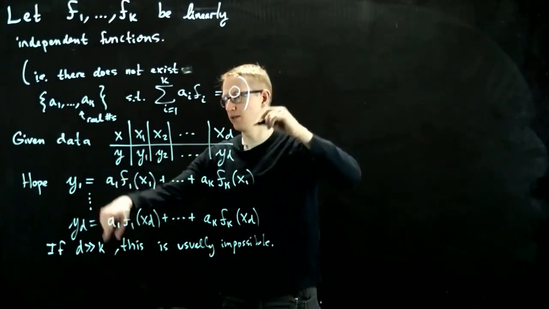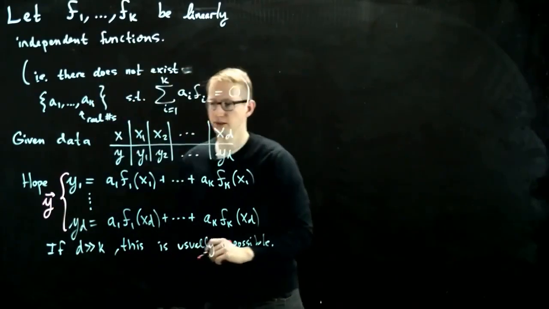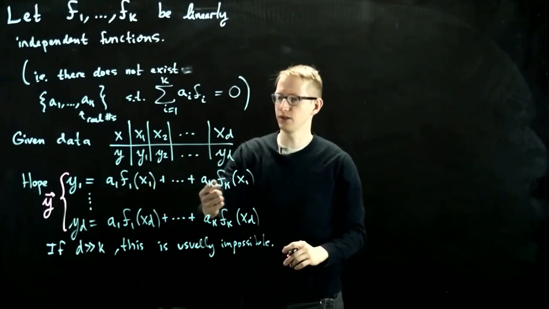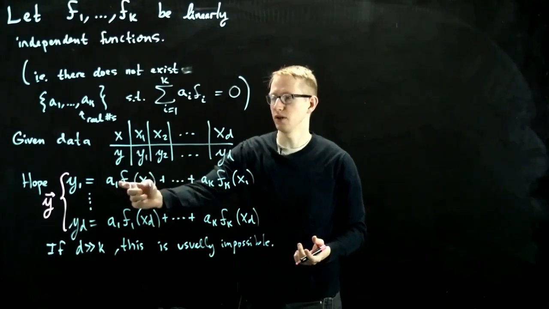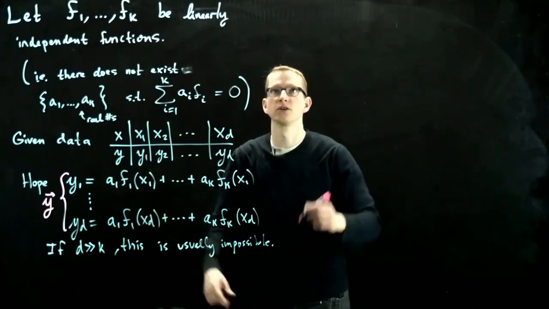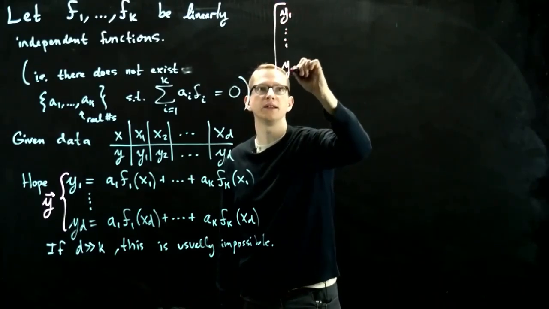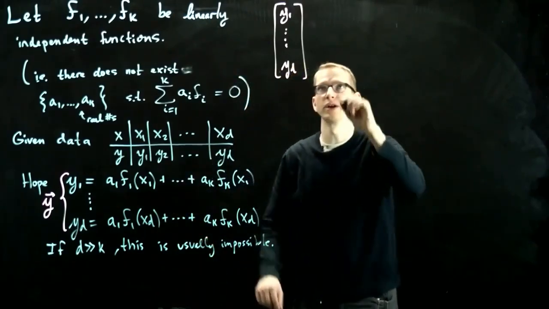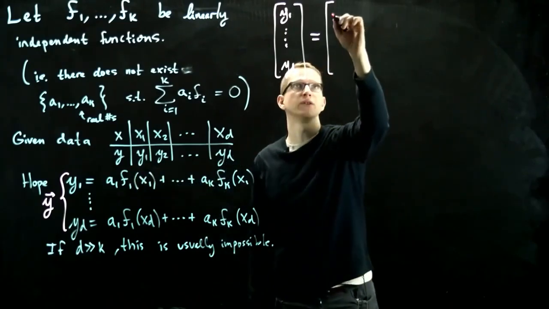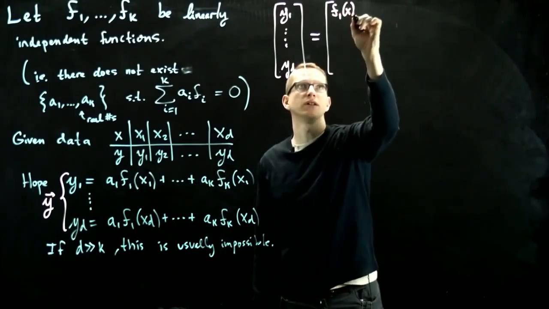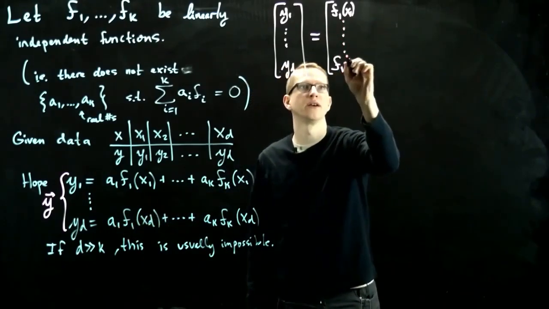So set y to be this vector here. Let's call this the vector y. And what you notice here is that each of these numbers, so f1 of x1 is a specific number, we're taking a linear combination of these numbers with coefficients coming from the a's. So this looks like the vector y1 down to yd. This is represented by a matrix whose entries are given by these values of f. So f1 of x1 in the first column, and down to f1 of xd, the coefficient in front of a1.